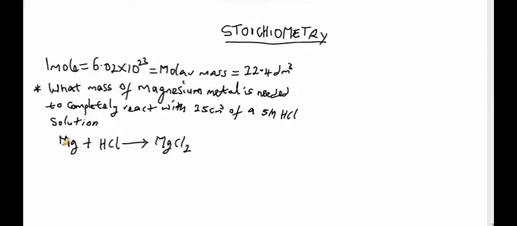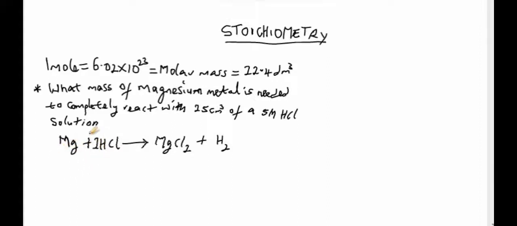Now, balancing our equation, we have one magnesium obviously, two chlorine is unbalanced, and at the same time hydrogen gas should be given off. So we can balance chlorine and hydrogen by simply bringing two here.